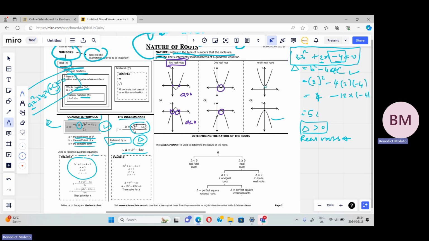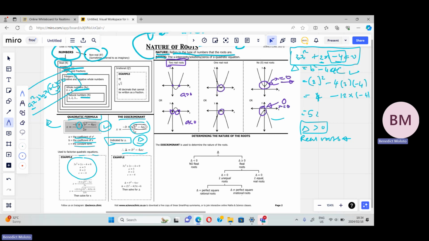Here, there is no solution. Sorry about that, there is a solution. It is zero solution, because it is where our parabola touches here and x is equal to 0 at this point. Then we say 0 real roots, right? Even here, the same thing applies, 0 real roots because x is equal to 0 at that point.